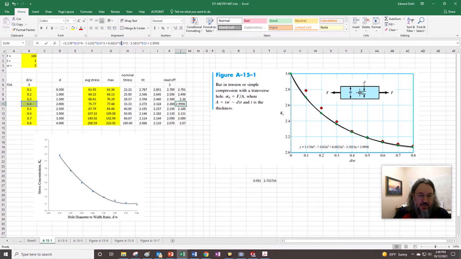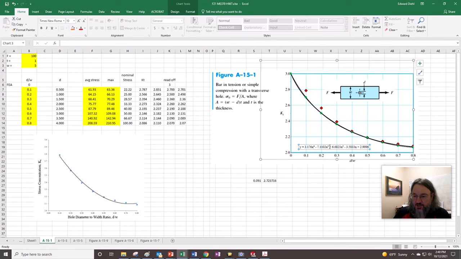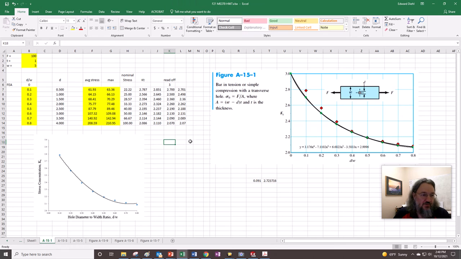And then what I did is I created an equation, right? So you see that equation right there? I superimposed this on top of the graph, and I picked out points and then created a fourth order polynomial that fits it pretty well, right? You can kind of see it. And so now I have an equation for this.